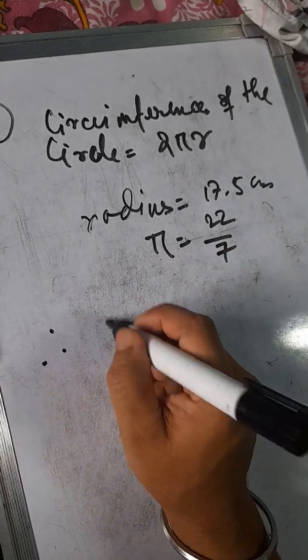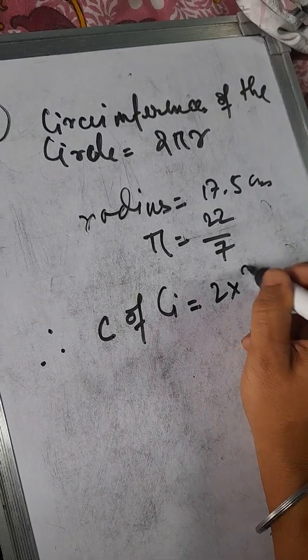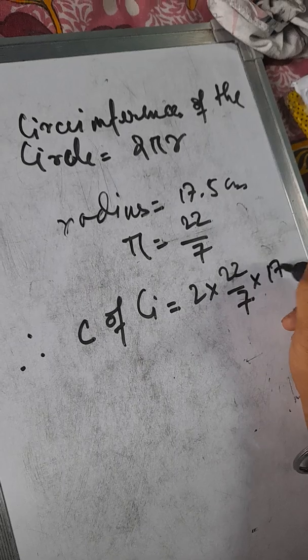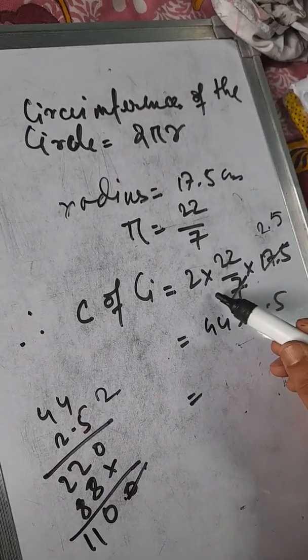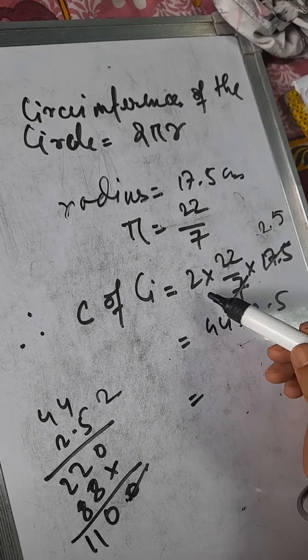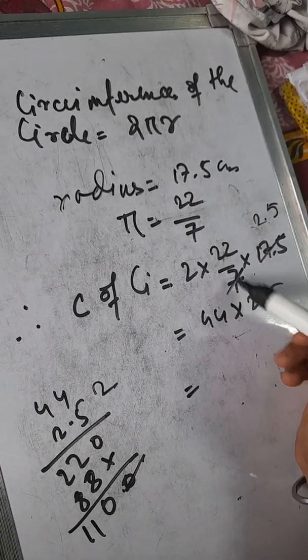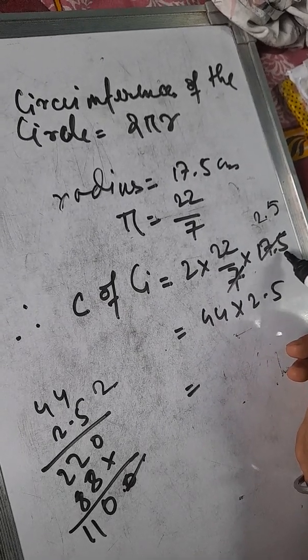So if we find the circumference of the circle, then 2 into 22/7 into 17.5. We can put the values in the formula now: 2 into 22/7, pi is 22/7, and r is 17.5.